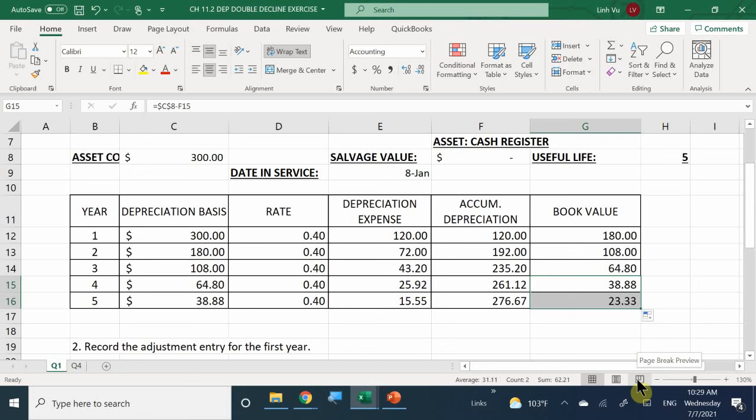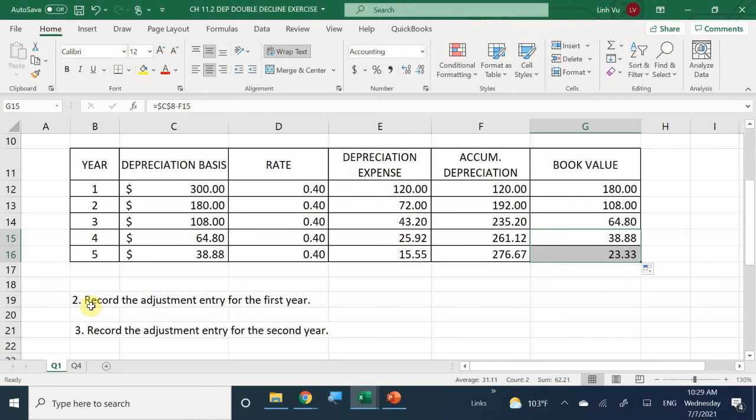You can also try to sell it, but I'm pretty sure you're not going to be able to sell it. It's a cash register that's been used. So there's a lot of things that you can do, and you may need to either recognize a loss or recognize a gain. Okay.